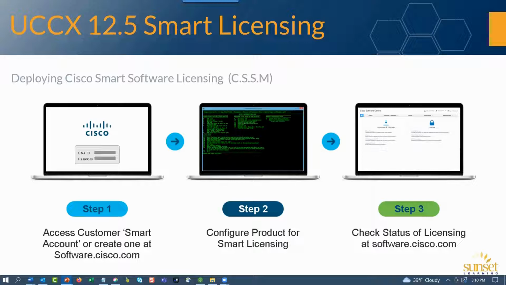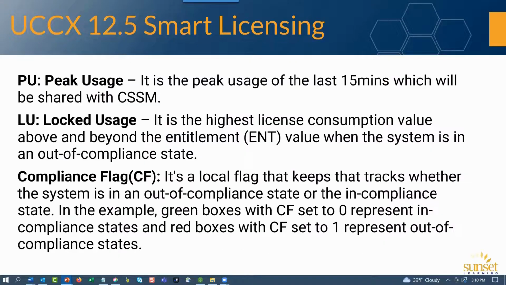So the three steps essentially are first to create the smart account within Cisco, to configure your product for smart licensing, and then check the status of the licensing, which will happen regularly, at software.cisco.com.